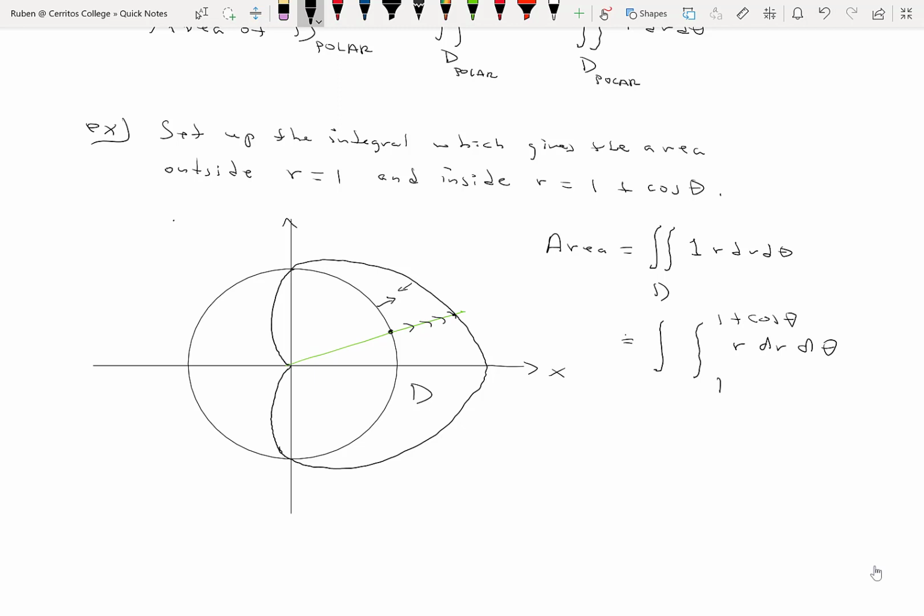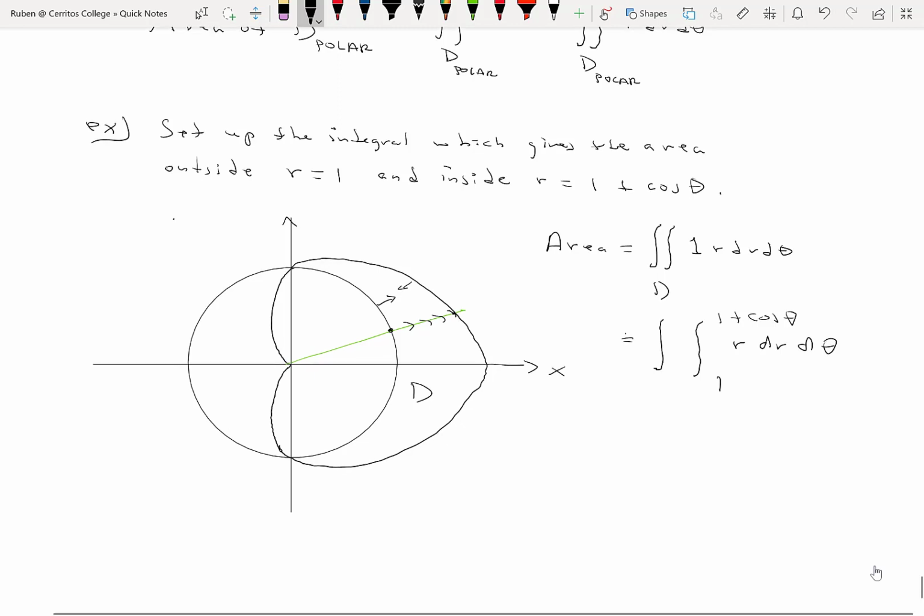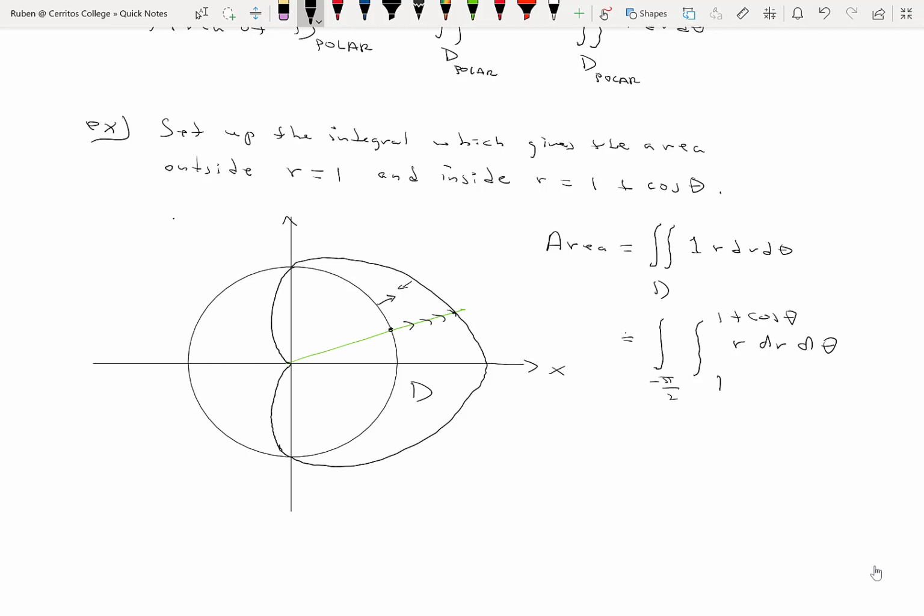For this problem, the values of theta are very, very easy to see. If you imagine that little green line sweeping through our region D, the lower value of theta should be minus pi over 2, the edge of quadrant 4 along the negative y-axis, and then to positive pi over 2. In general, to determine where the two curves intersect, you would set the two curves equal to each other and use some trig to solve the equation for theta.